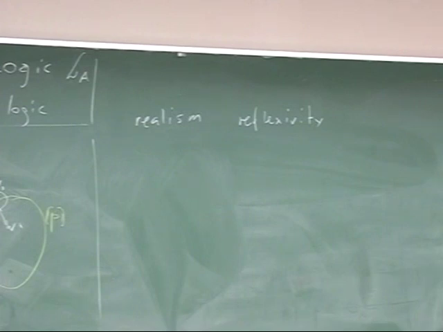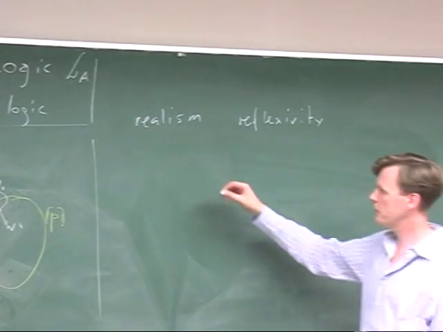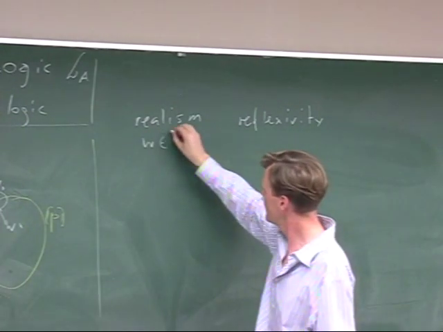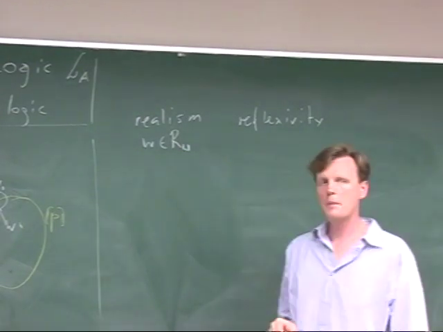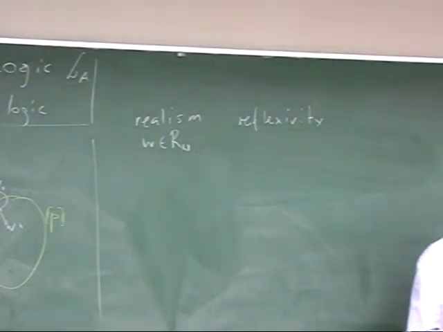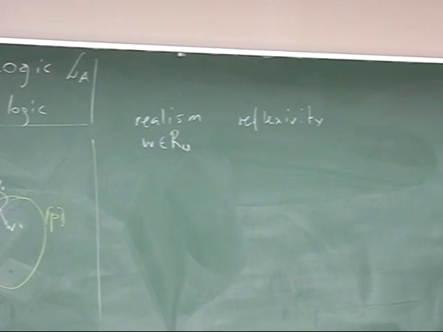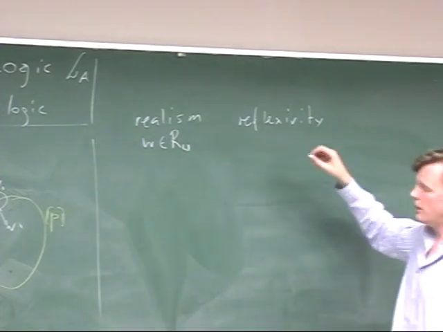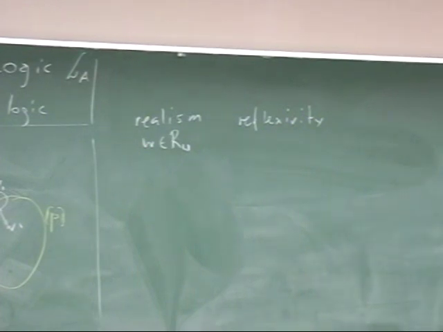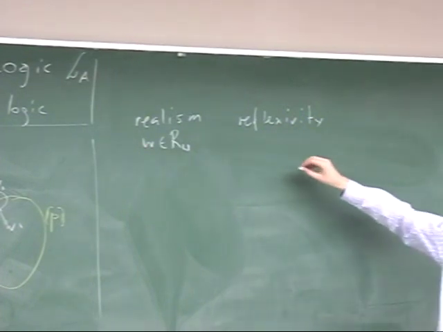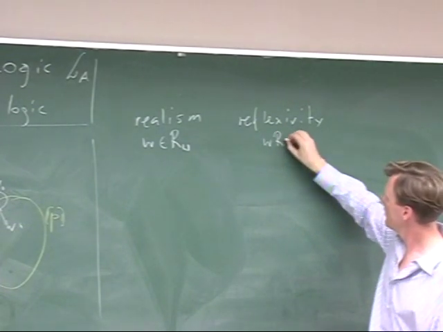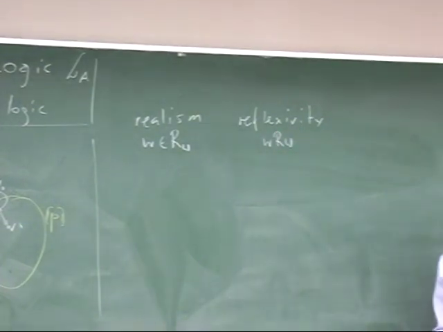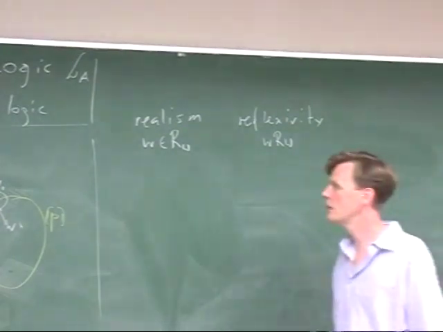RW is a set of worlds, and W must be a member of RW. That is guaranteed to be the case only if R is reflexive. So if we actually have this link from W to W via R.